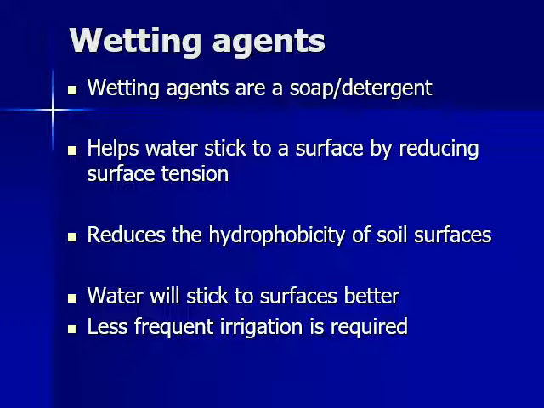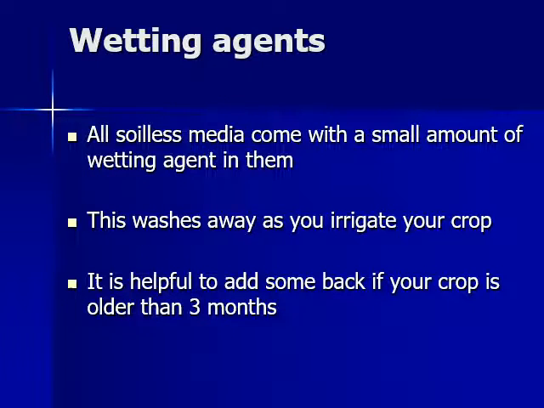Hydrophobicity is what describes these surfaces naturally. So we want water to be able to stick, not bead off of it. And one of the bonuses is that by using wetting agents, we can save on water use. So there's less frequent irrigation required.